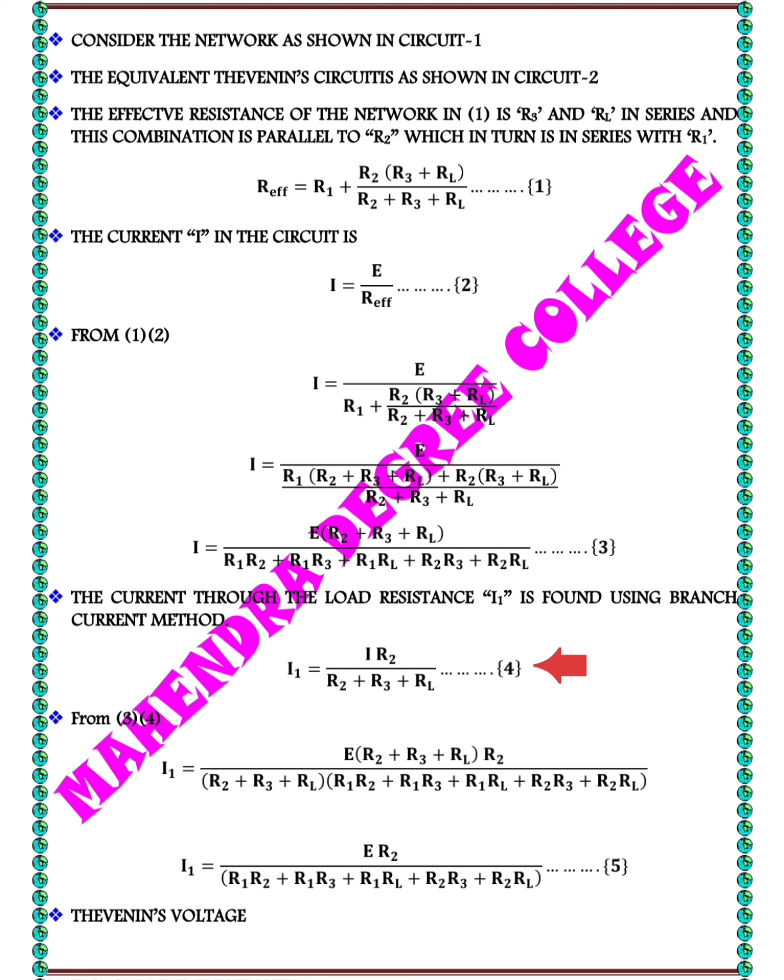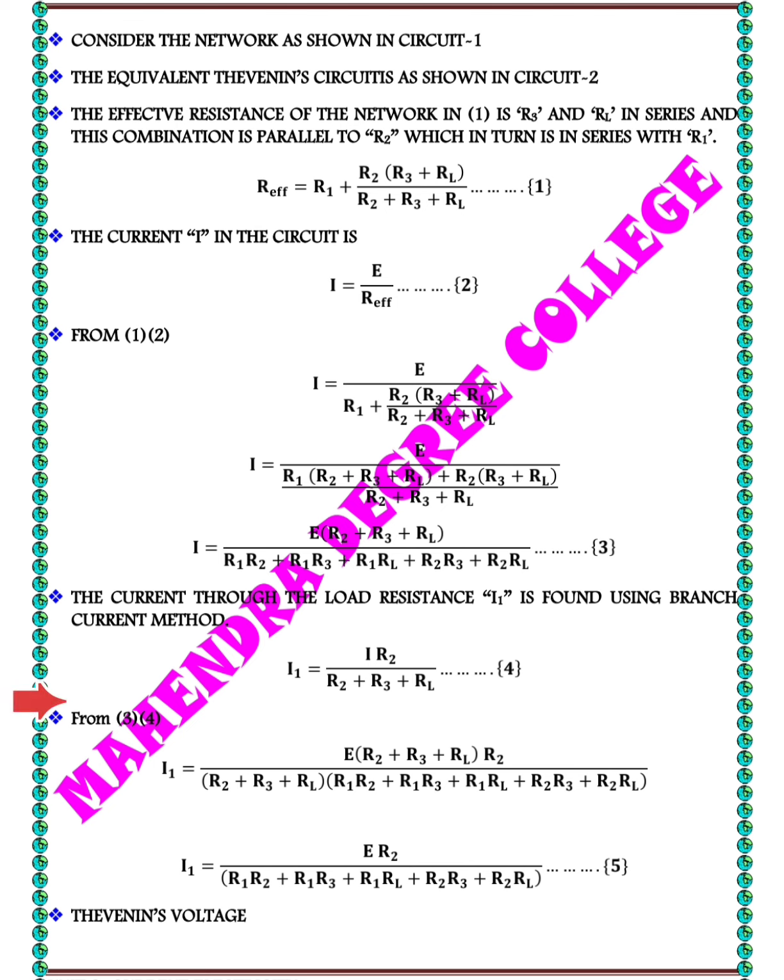I is the total current entering the parallel section of the circuit. R2 is the resistance of the resistor where the current I1 is being calculated. R3 is the resistance of another resistor in parallel with R2. R1 represents the load resistance, which is the total resistance of the rest of the circuit.